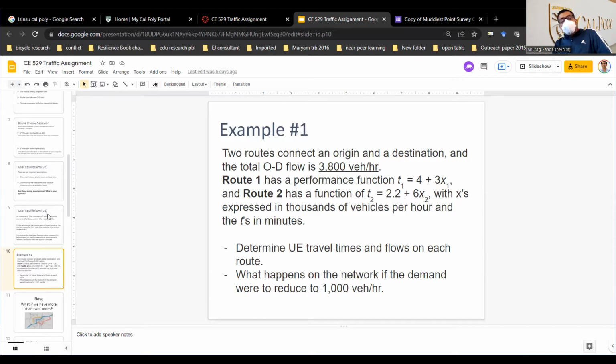I want to make sure that we can make clear that this threshold question is very important, especially when you're modeling larger networks. Because you might be assigning traffic between certain origins and destinations, but those OD pairs might not be the only ones that you need to serve. Those routes might be serving other origins and other destinations as well. So what is the implication for you in a problem like this, in a problem that you're seeing on your screen?